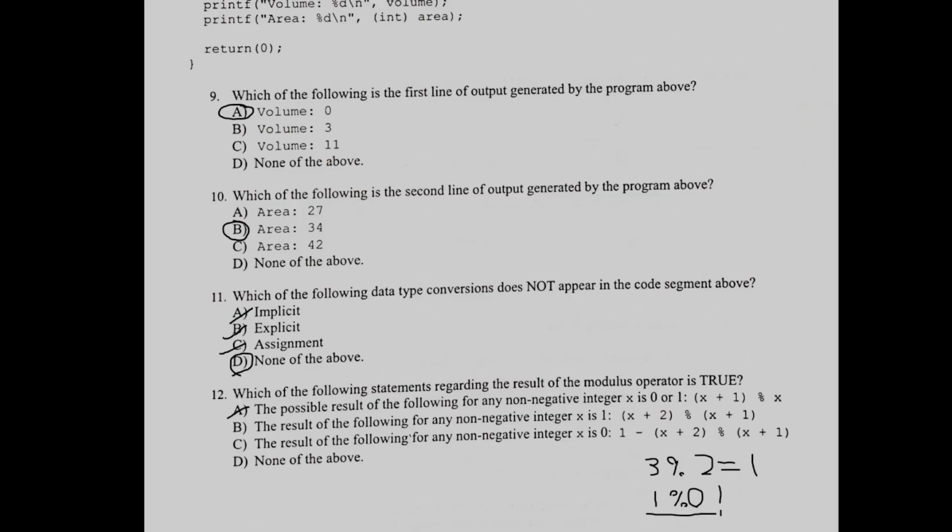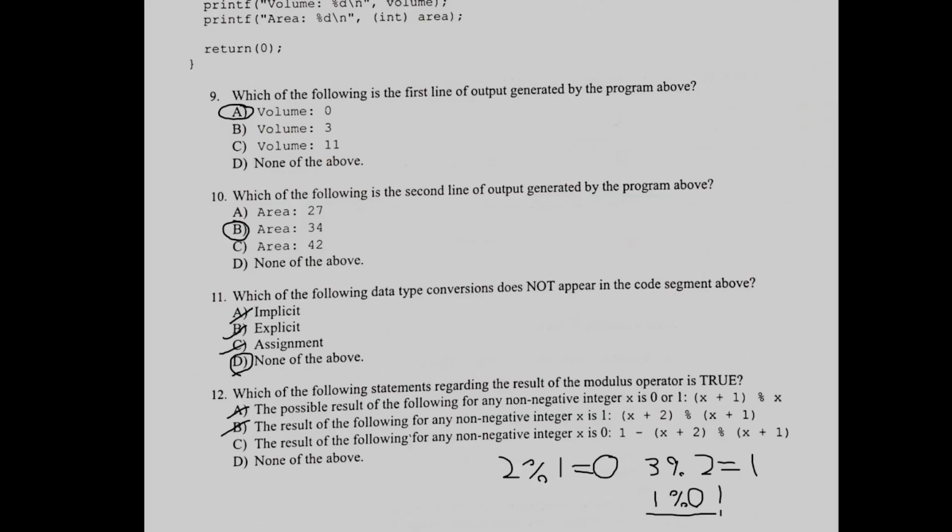And then for B, the result of the following for any non-negative integer x is 1. Very similar case here, where you plug in any integer besides 0 and you're going to get 1. But if you plug in 0, you get 2 modulus 1, which is going to be 0. So if you set x to 0, the resulting expression will also be equal to 0, so it is false.